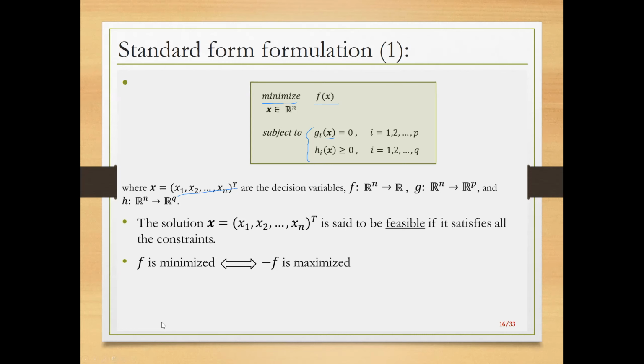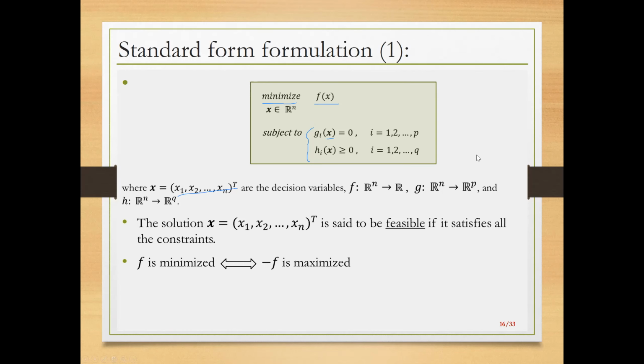Now, one very simple trick, or the simplest way, to convert any optimization problem into standard form is, for example, if I give you maximize f of x and you want to convert it into minimize, you write minimize and negate the objective function. Minimizing a function f is equivalent to maximizing the negative of the function.